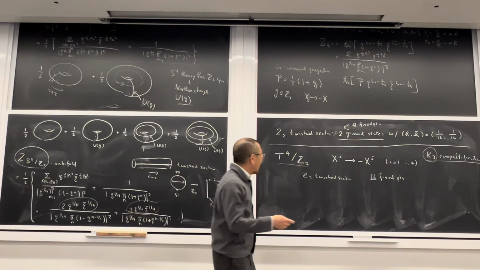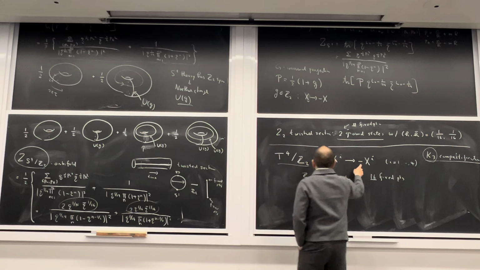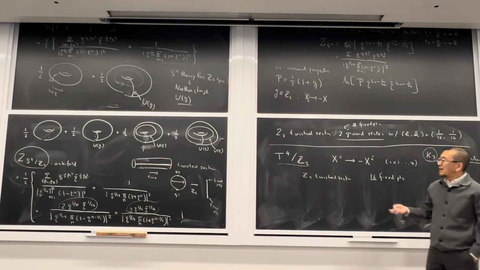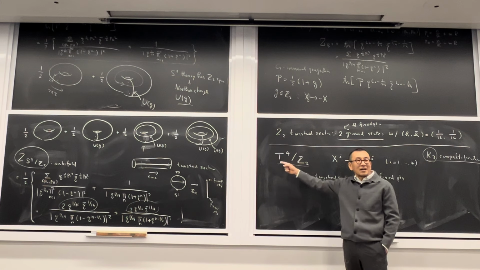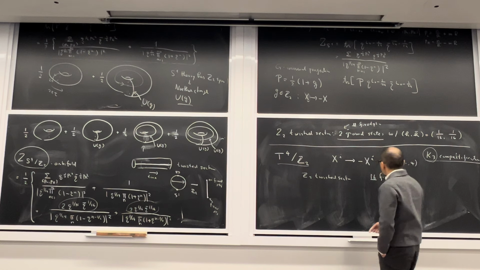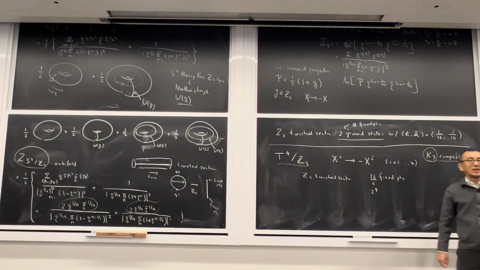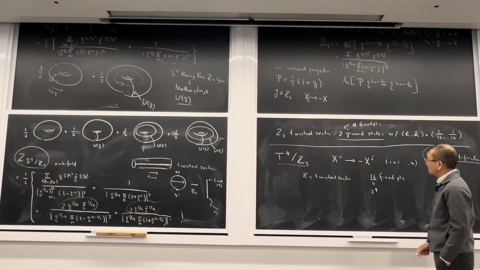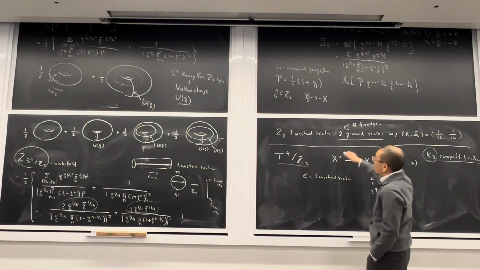Although the Z2 acts diagonally, in terms of counting the number of fixed points, you can say how many fixed points there are for each of the four directions. And for each of the four directions, you have two choices. So therefore, you have 2 to the 4, which is 16. So you have 16 fixed points.